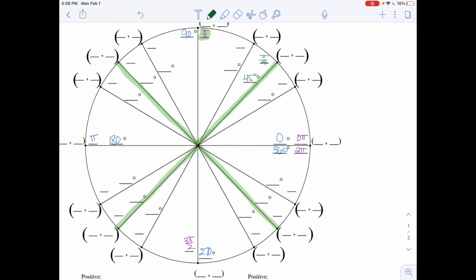Now keep in mind, every time I've got that rotation of green, so from here to here is 45 degrees. From here to here is another 45 degrees, that's 90 degrees. 90 plus 45 up to this angle is 135 degrees. Or we say 0 plus pi over 4 plus pi over 4 again is pi over 2, plus another pi over 4 is 3 pi over 4.